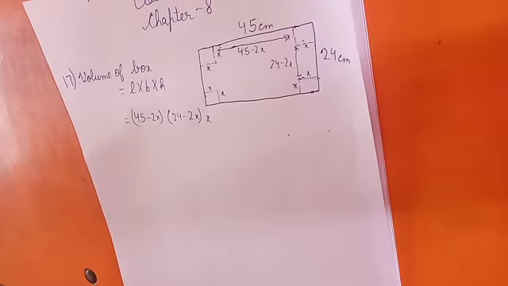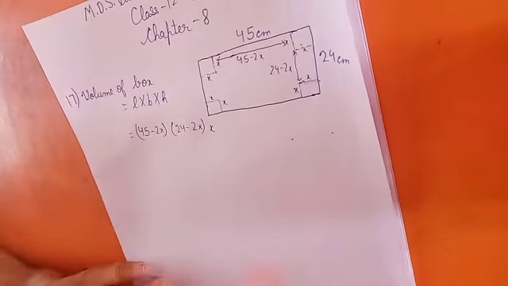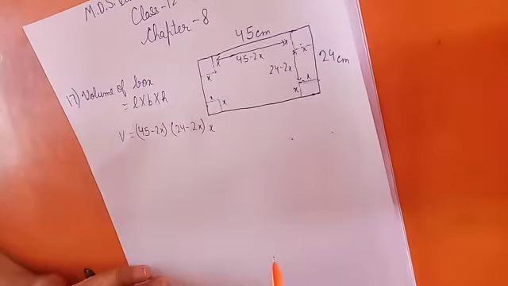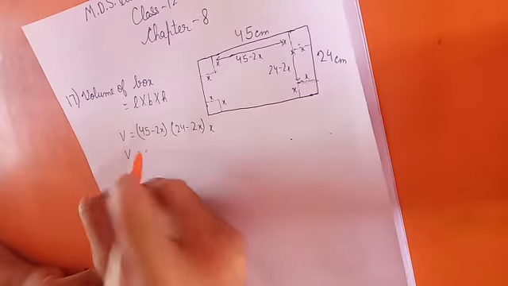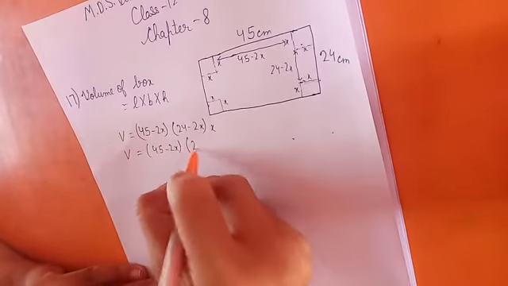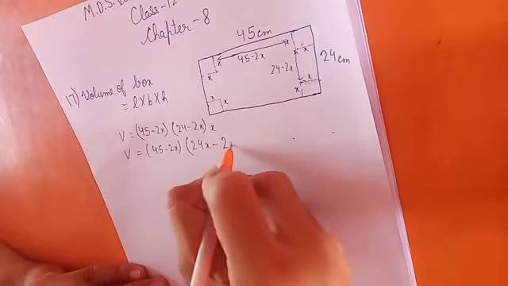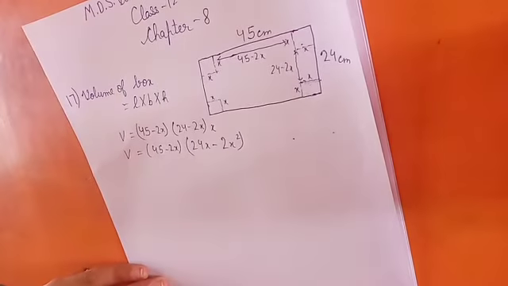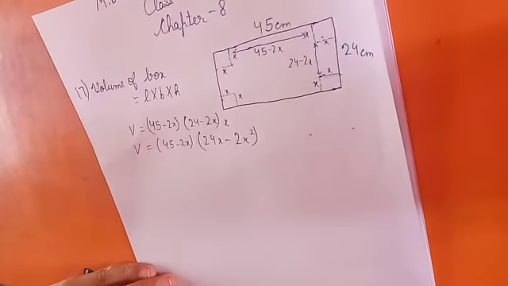You can imagine in your mind, it will be clear to you. So it will be the volume of our box. We can say it is V. So we can write V as 45 minus 2x into 24x minus 2x square. We can write this in this way.